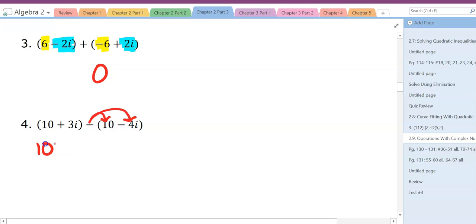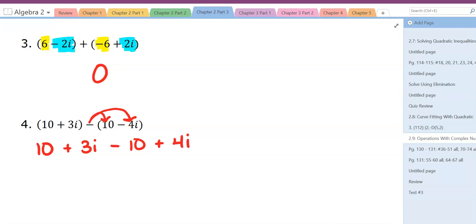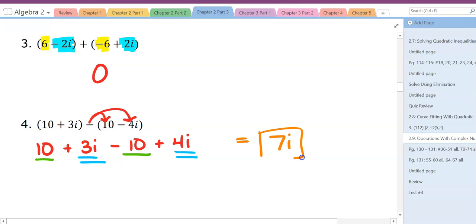So you have 10 plus 3i, and then minus 10, and then negative times the negative 4i is going to make that become positive 4i. So you've got 10 minus 10, that's going to be a 0. But what's 3i plus 4i? 7i. Okay, so number 3 you should have gotten 0, number 4 you should have gotten 7i.